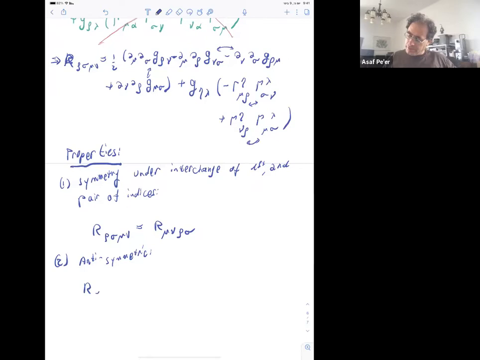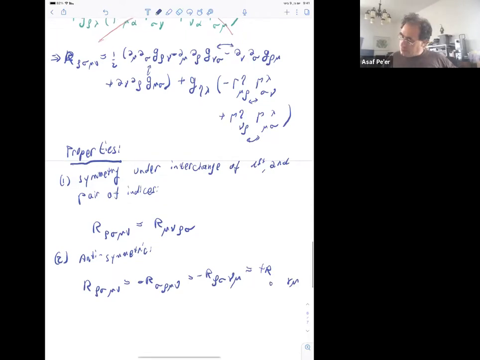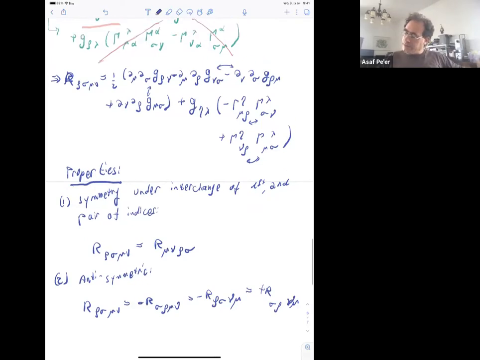R rho sigma mu nu is minus R sigma rho mu nu, or minus R rho sigma nu mu. So if I switch one pair of indices, I get a minus sign. Switch another one, I get an extra minus sign. Again, this follows directly from here.